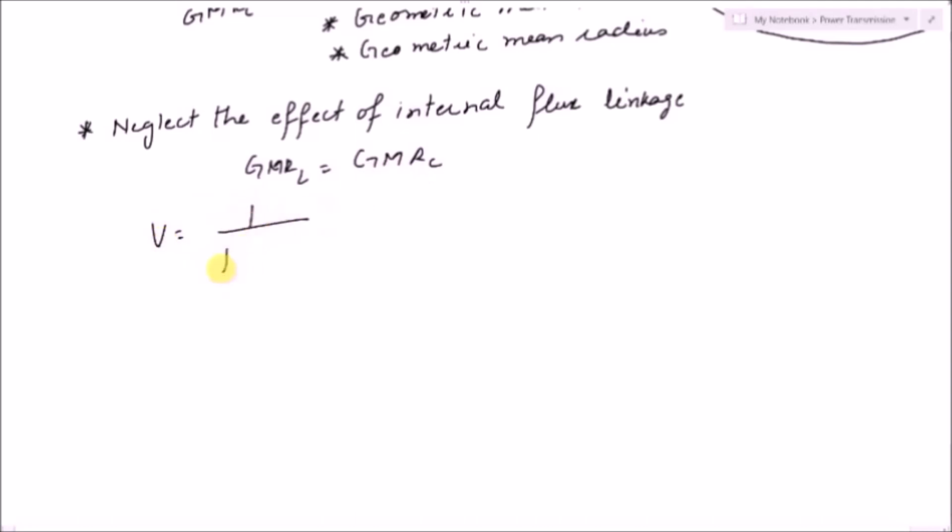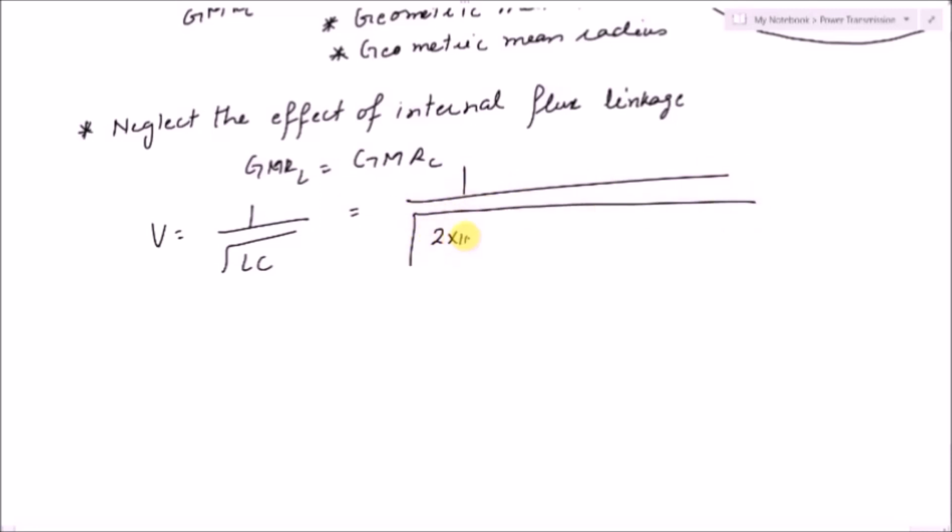over under root LC. And if I put the values of the inductance and capacitance, that will be 1 over under root of 2 into 10 raised to minus 7 ln GMD over GMR, multiplied with the capacitance value, 2 pi epsilon naught over ln GMD over GMR.